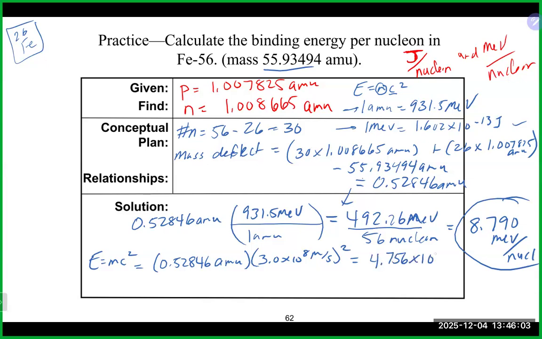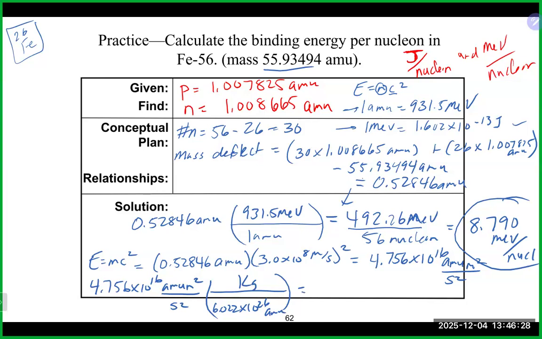That's going to give us 4.756 times 10 to the 16, again AMU meters squared per second squared. We're going to turn this into joules by dividing by Avogadro's number, 6.022 times 10 to the 26 AMU per kilogram, and that will do it for us.